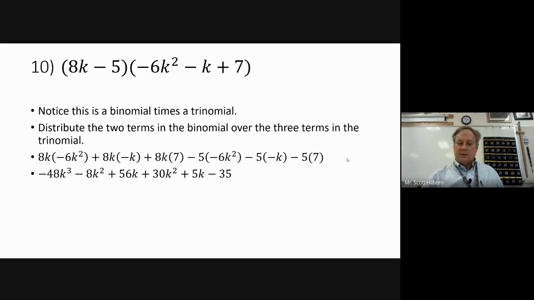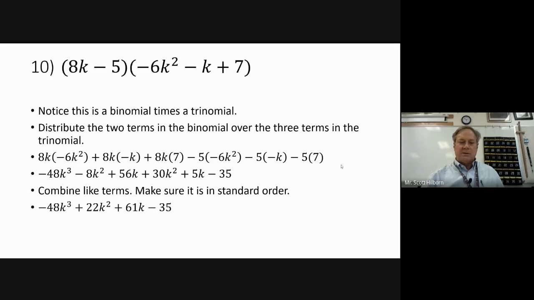So I got to combine those and then make sure it's in standard order. And sure enough, that negative 8K squared combined with a positive 30K squared gave me a positive 22K squared. And 56K to the 1 plus 5K to the 1 gave me a 61K to the 1. And then that minus 35 is right there.